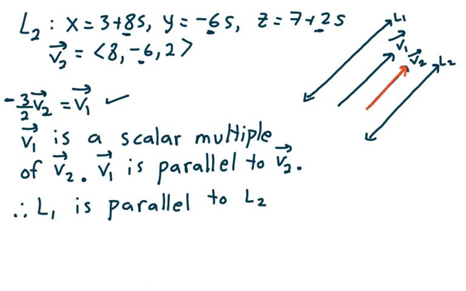By design, v1 is parallel to line 1, and v2 is parallel to line 2. So if v1 and v2 run parallel, it has to follow that line 1 and line 2 run parallel to each other as well from the picture. And so we can then conclude that L1 is parallel to L2. And that's how we work example 3.